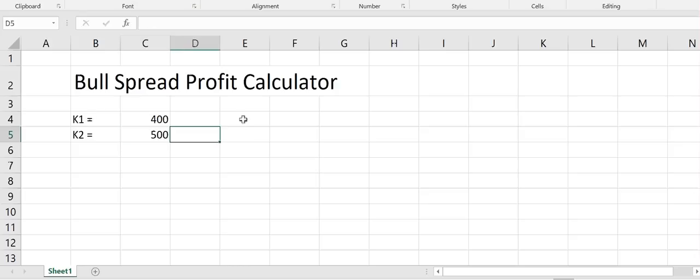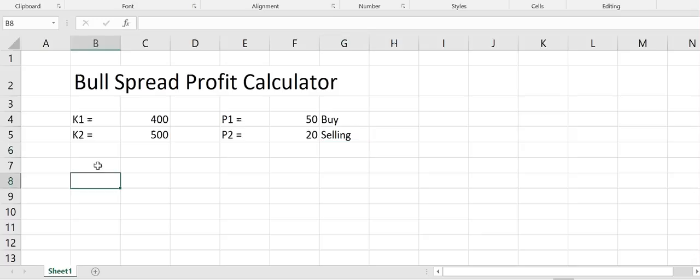The premium for the first call option is, say, $50, and the premium for the second call option is, say, $20. So we are buying the lower strike call option and selling the higher strike call option. So this is a bull spread, right?